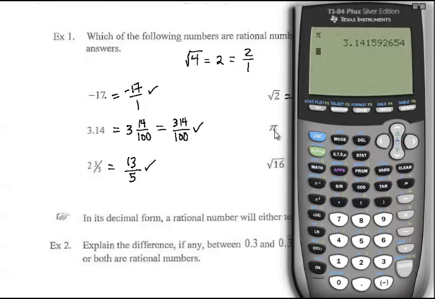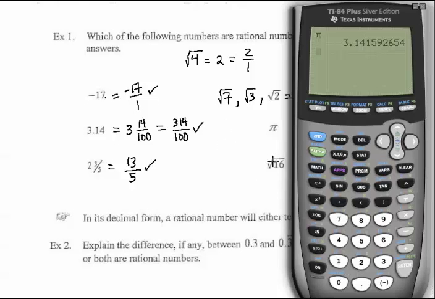So pi, irrational, square root of 2, irrational. We could write out some other examples using the square root of some irrational numbers. For instance, 3 is not a perfect square, so we could say the square root of 3. 7 is not a perfect square. Square root of 7 would be irrational as well.